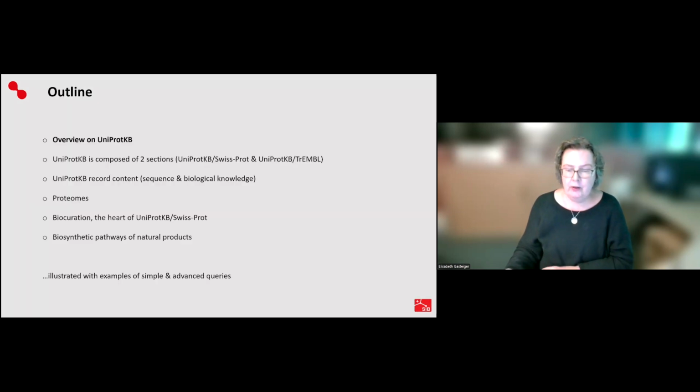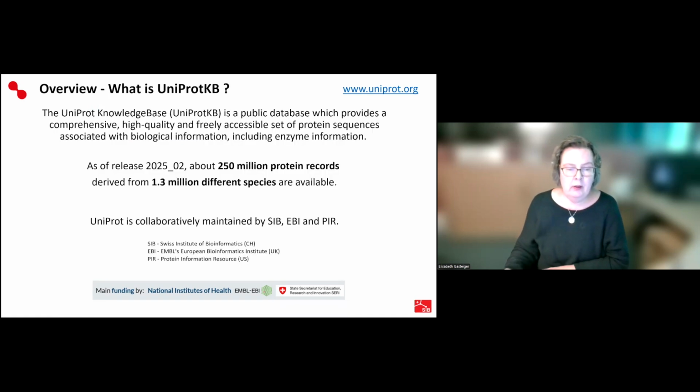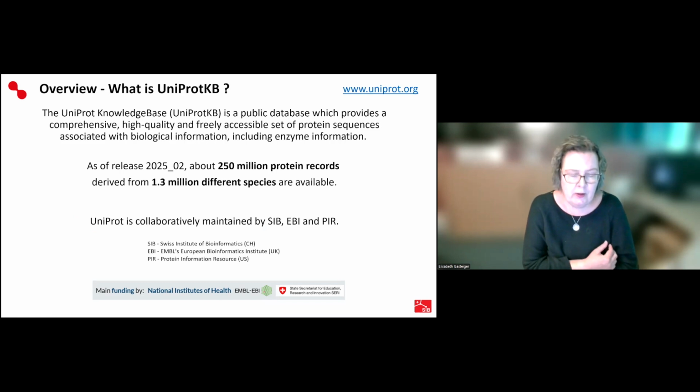Let's first start with a brief overview on UniProtKB. If you go to the UniProt website, you have access to several databases, and today we will focus on the UniProt knowledge base, or UniProtKB. What is UniProt? It is a database that is freely accessible and provides a comprehensive and high-quality set of protein sequences associated with biological information.